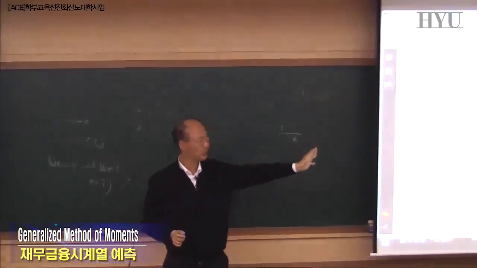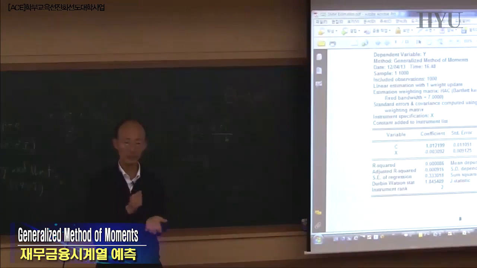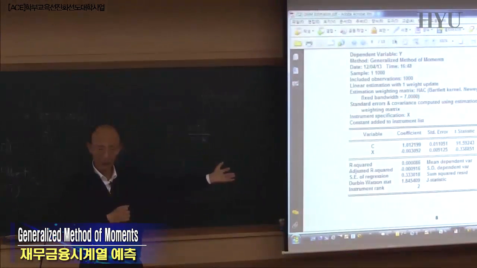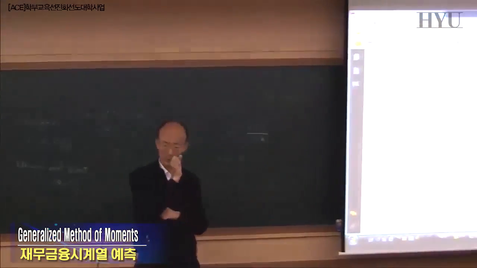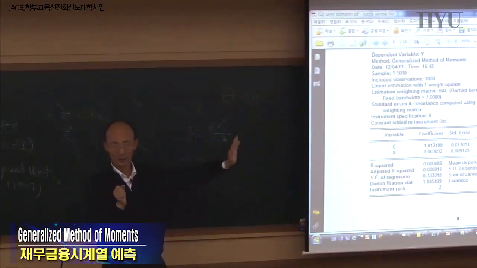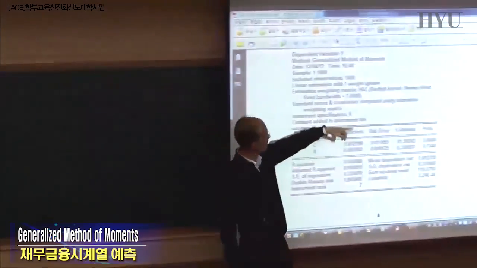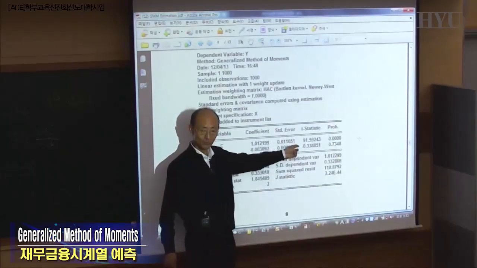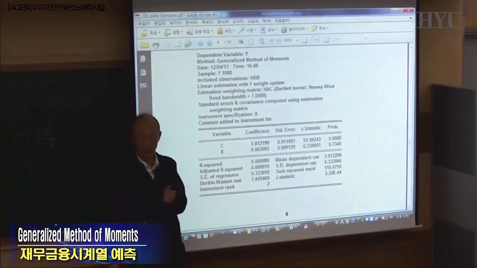And EViews will ask you whether you want to change the current default least square covariance matrix to the White heteroscedasticity-consistent covariance matrix or the Newey-West one. So even if you don't specify it from GMM, in the usual least square estimation, you can ask EViews to calculate this one as Newey-West standard deviation, if you suspect errors are heteroscedastic with serial correlation.